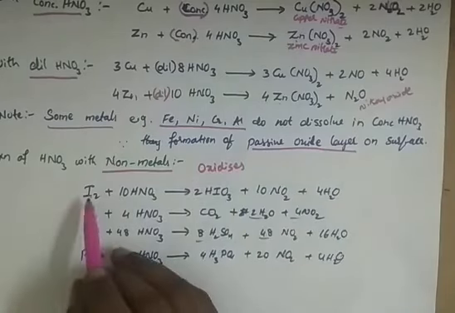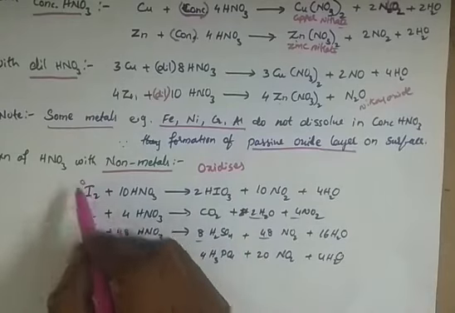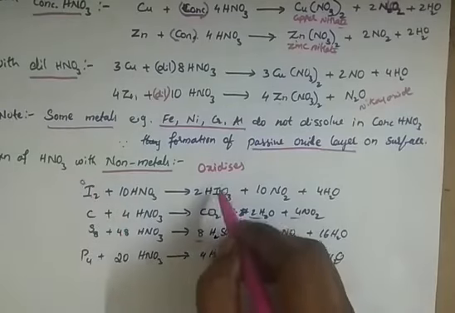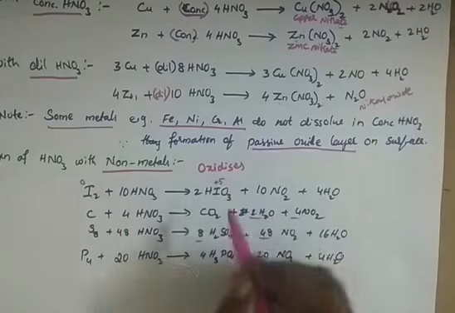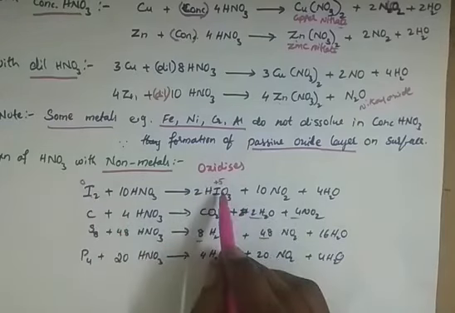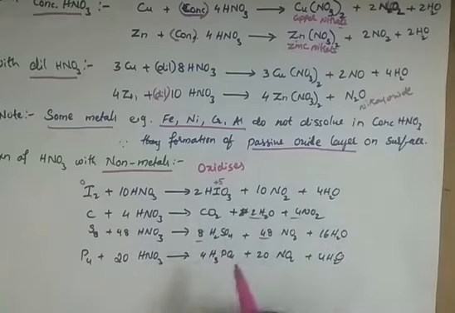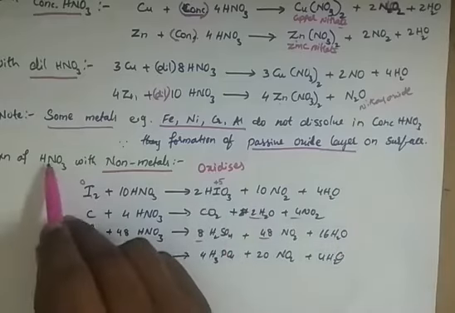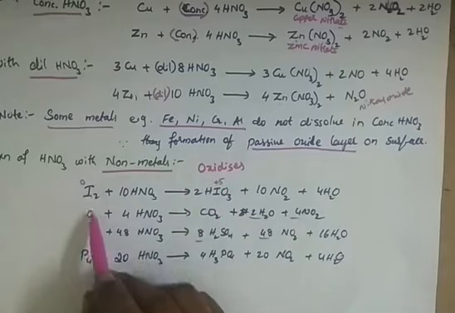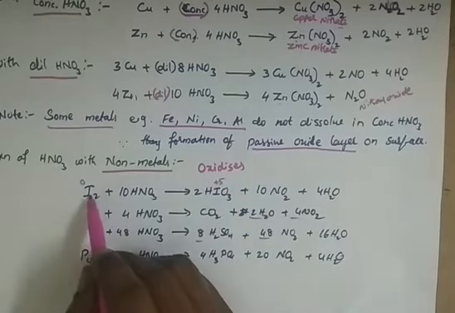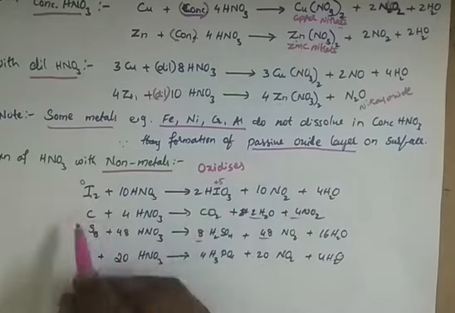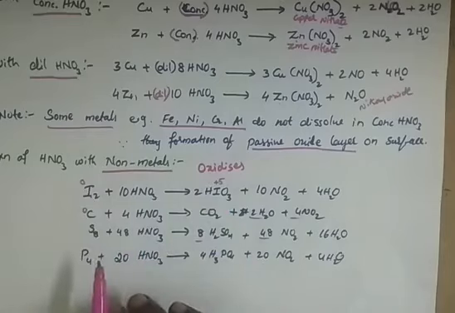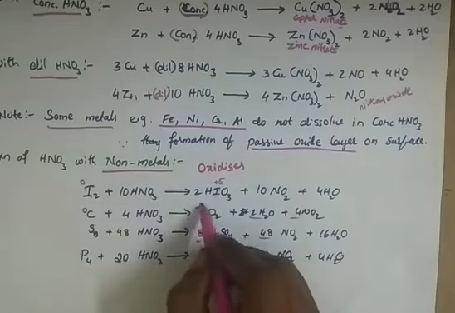For example, I2 is in the 0 oxidation state, but here it is +5. Increase in oxidation number is oxidation; decrease in oxidation number is reduction. So HNO3 oxidizes the non-metals. Look at carbon: elemental form is 0 oxidation state, but here it is +4.